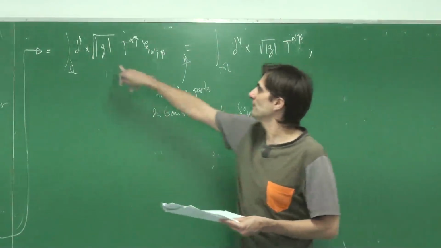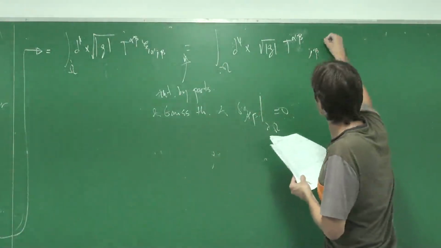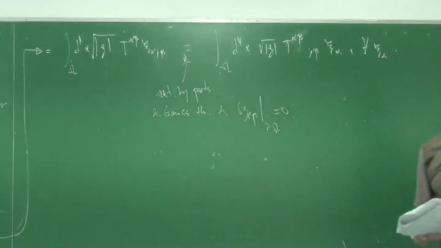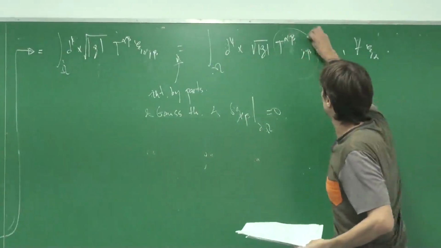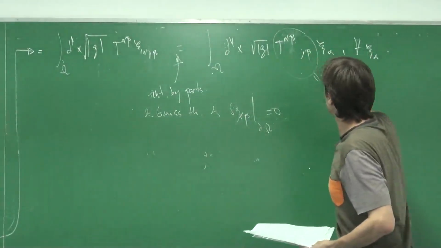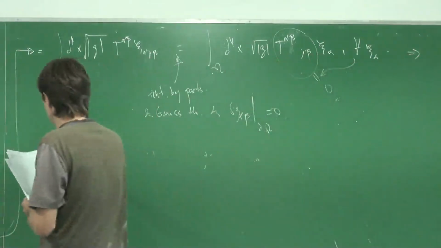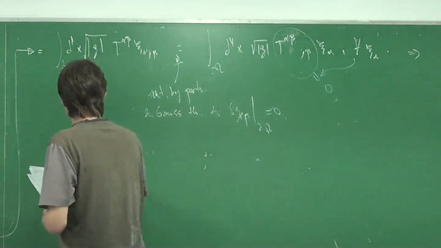And always you have to have the factor square root of g in curved space-time. Again, this is true for all xi's, and so this tells you that this guy must be zero. And so this tells you that the stress energy tensor is conserved.